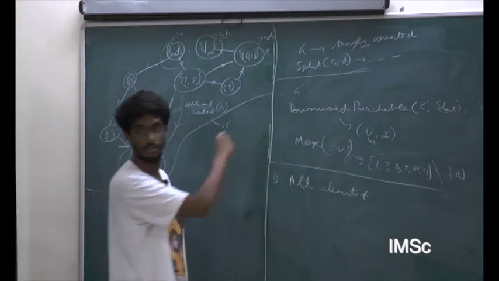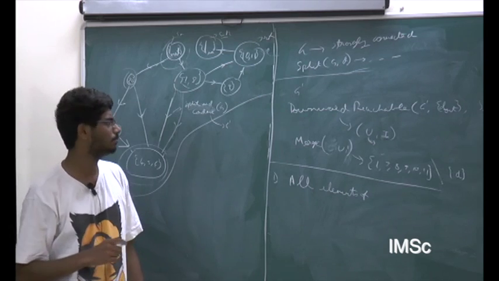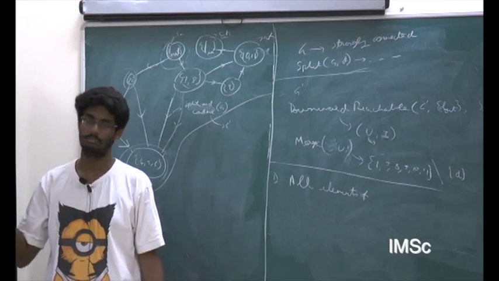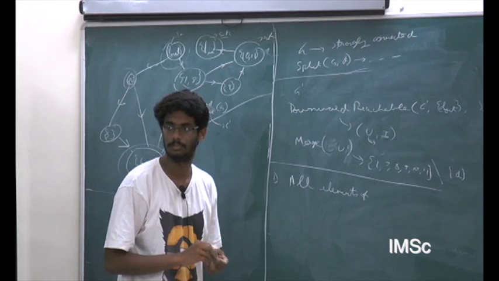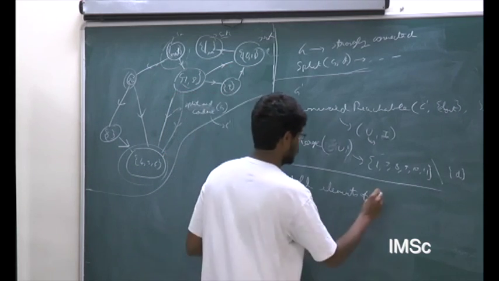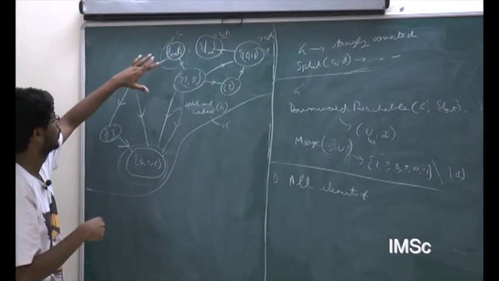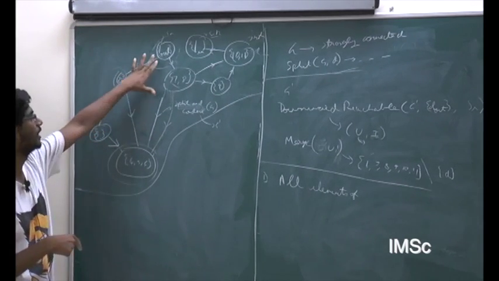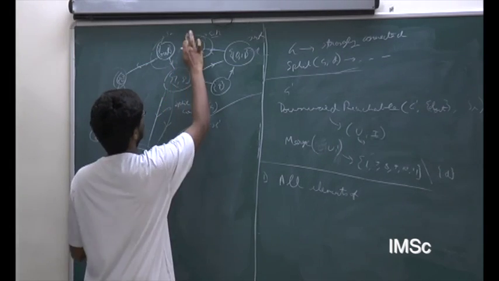Anyway, take U. U is a set of vertices in G prime which are not reachable from 1 out.